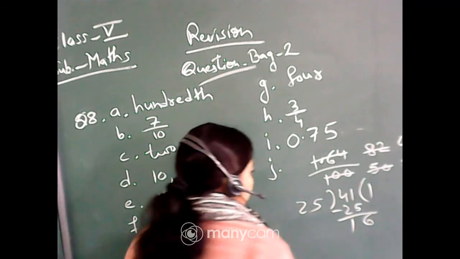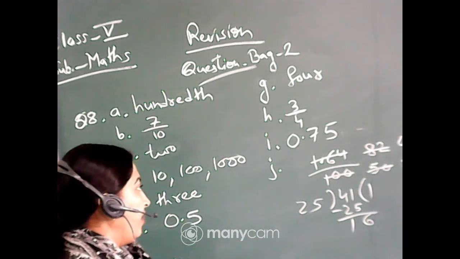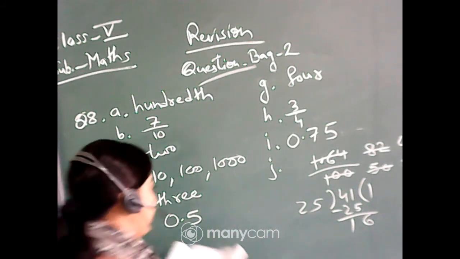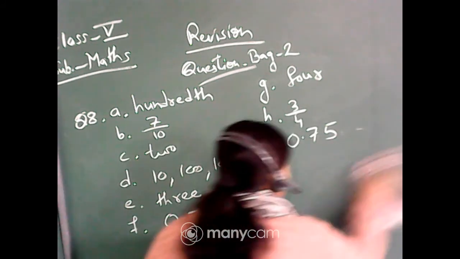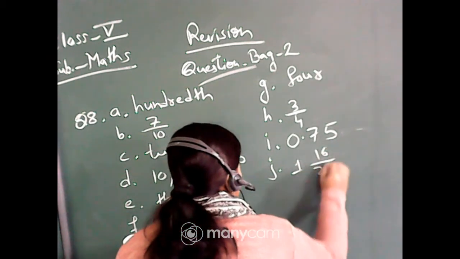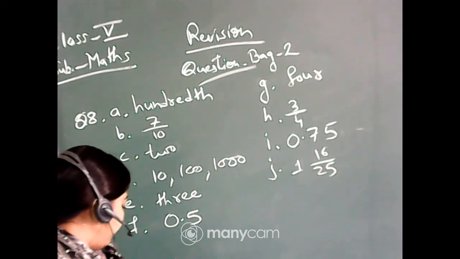Yes, that means the answer will be 1 whole 16 by 25. For J, you will write 1 whole 16 by 25 as the answer.